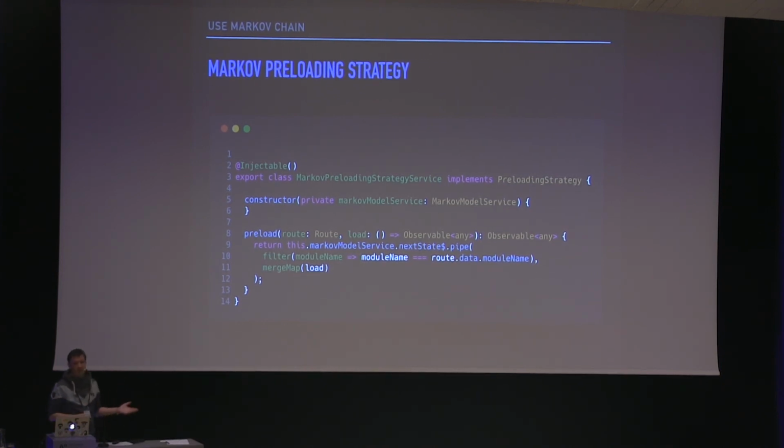So with this, I'm really able to do preloading based on a machine learning model, and make it so that my user only uses what is probably his next decision to go for.